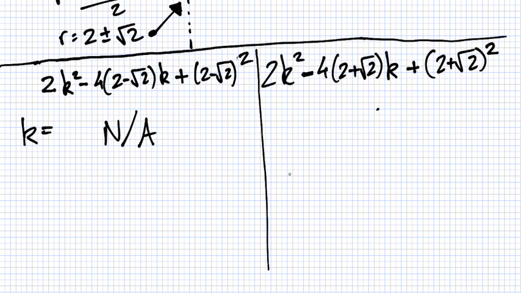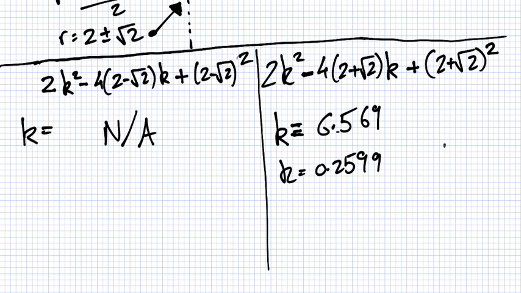Okay, so in decimal form, if I just use the formula here, which I didn't bother to write down, I get two answers here, 6.569, or another answer which is 0.2599. In the question it said k is bigger than 1, so it looks like k is 6.569.